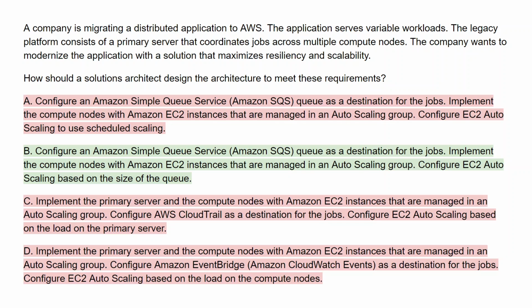It also maximizes resiliency and scalability because it uses an auto-scaling group, which will increase the availability and which will auto-scale. This is also an easier solution to implement compared to D.